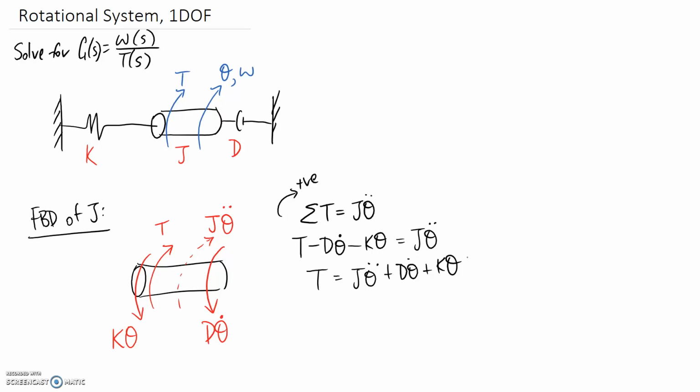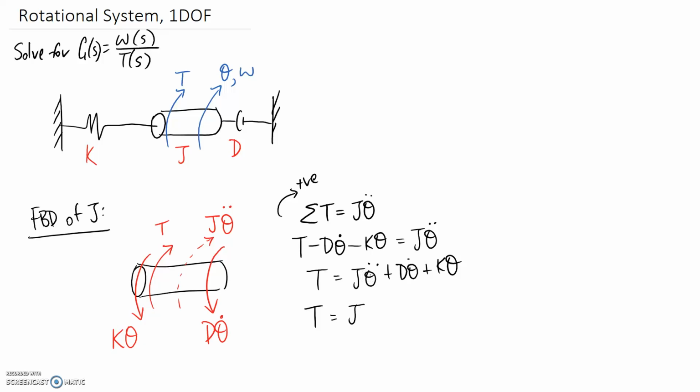And now what I want to do is Laplace transform it, so that's why we put the s's into it. So T is a function of time. This is the torque that's being applied, so it could change over time. So when we Laplace transform it, it just essentially becomes itself. You would capitalize it, but I've already drawn it in a capital, so we'll just ignore that. J is a constant, so that stays out the front.